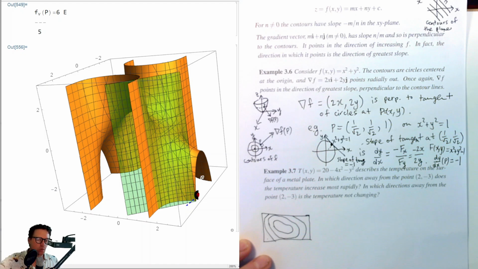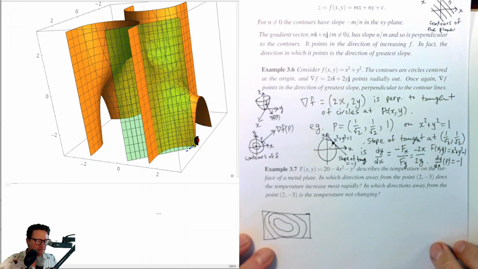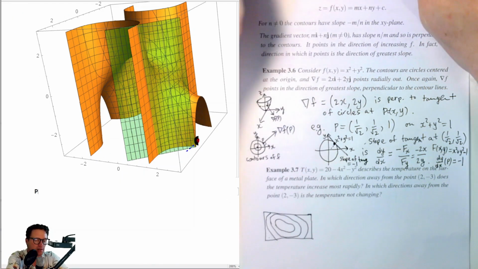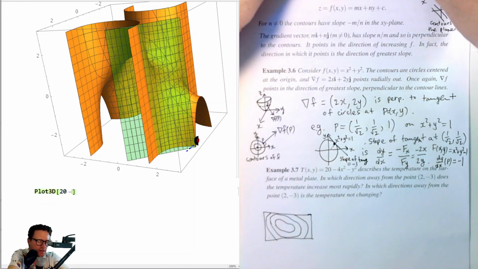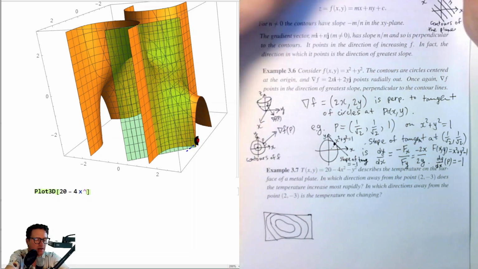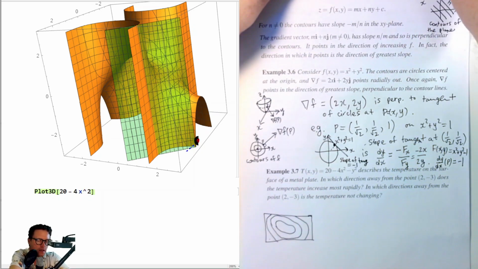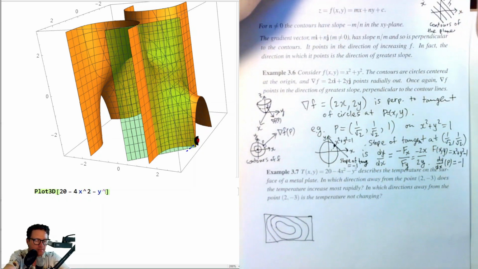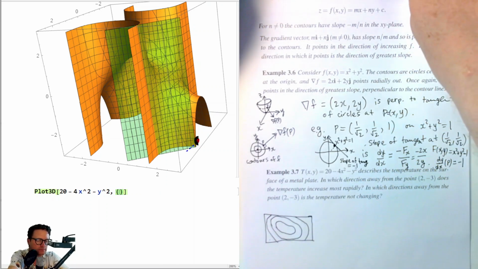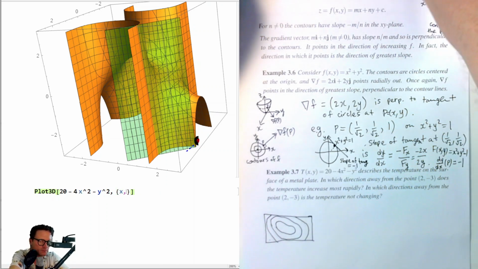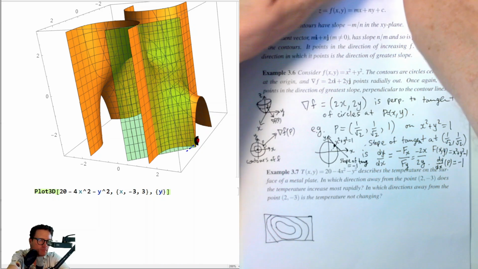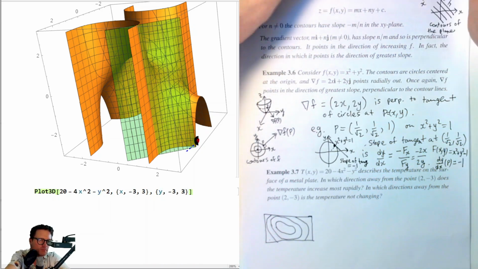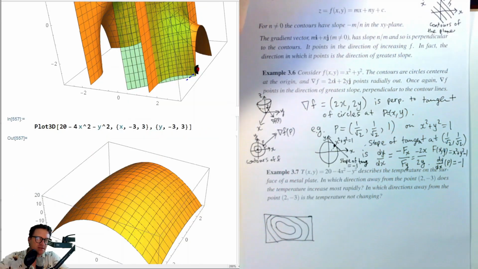All right, maybe I can just quickly give you a little plot of that surface. So plot 3D, 20 minus 4x squared minus y squared. Let's have a little look at this.